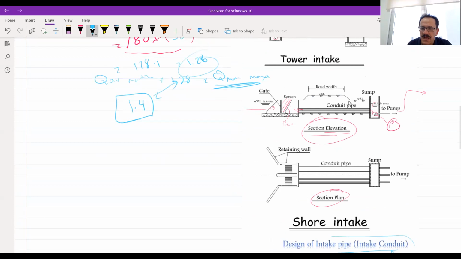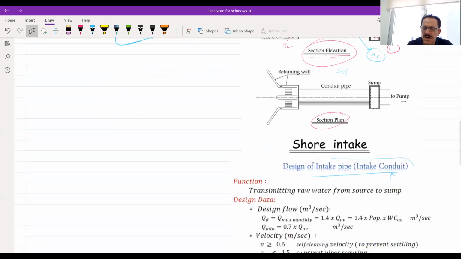This is the top view. Look at it. These are the pipes that we have here. How many pipes are there? The question is to design the pipes. For designing these pipes, we have to follow a procedure.